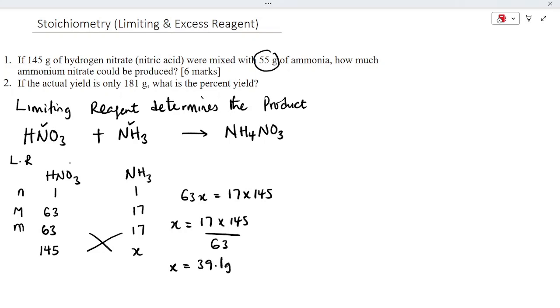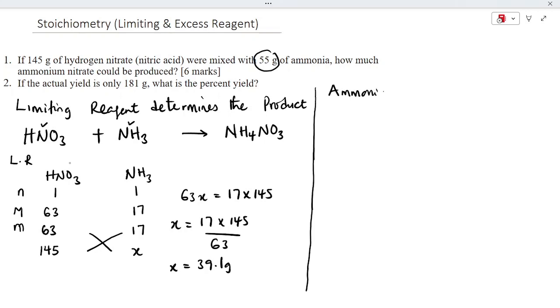So what does this tell us? It is telling us that the 145 grams of nitric acid only needed 39.1 grams of ammonia. But we are given 55 grams. That means we have more than enough ammonia. Ammonia is much more than what we need.